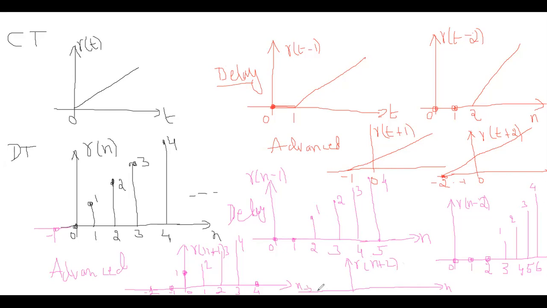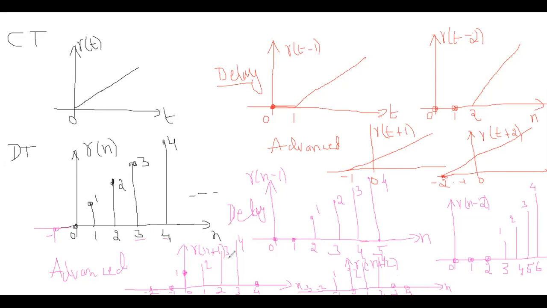Minus 3 is a 0, minus 2 is a 0. At minus 1, the value is 1. At 0, the value is a 2. At 1, the value is a 3. And at 2, the value is a 4. And 3 is a 0. And 4 is also 0. Means in the right side, the 3 and 4 values become zeros.